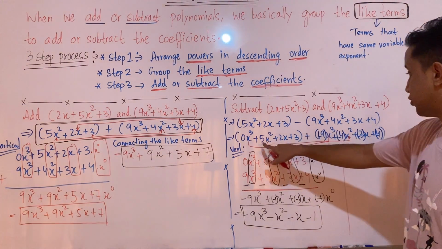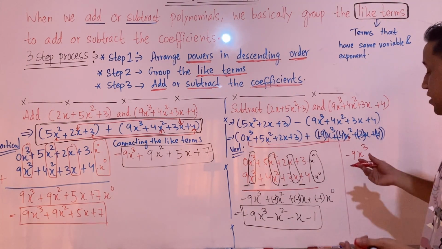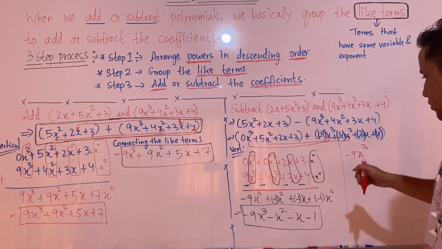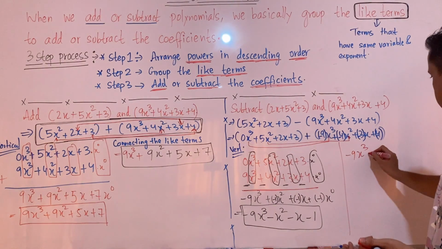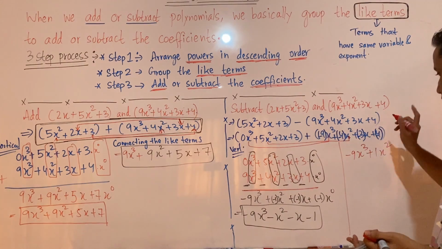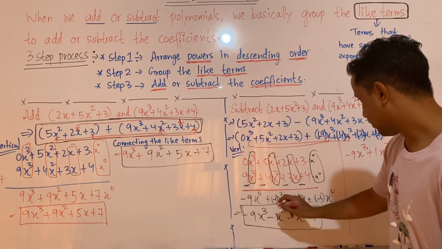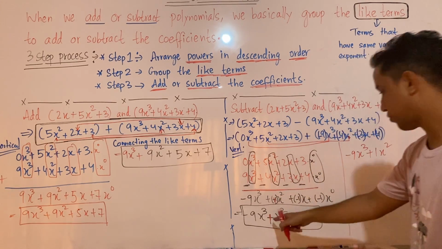Here the coefficient is plus 5, here minus 4. 5 minus 4 is 1. Plus 1x squared. Sorry, here it should be 5 minus 4 equals plus 1.